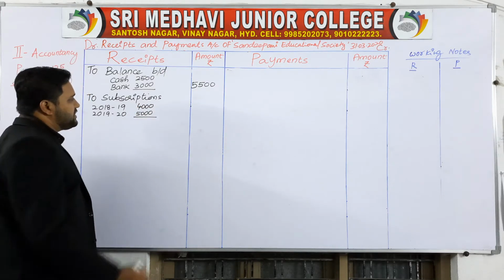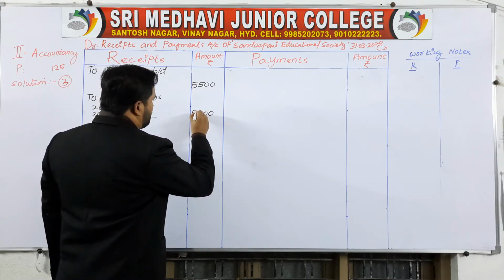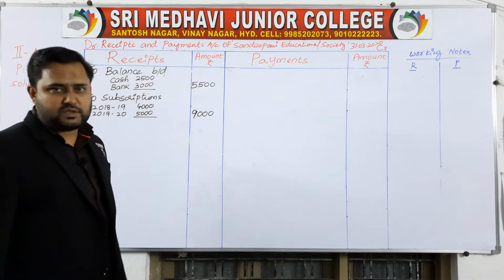The total subscription is 9000. Write 9000 rupees in the amount column.